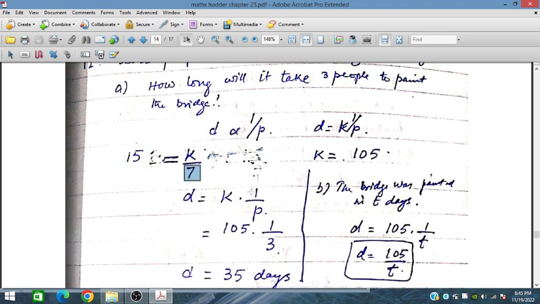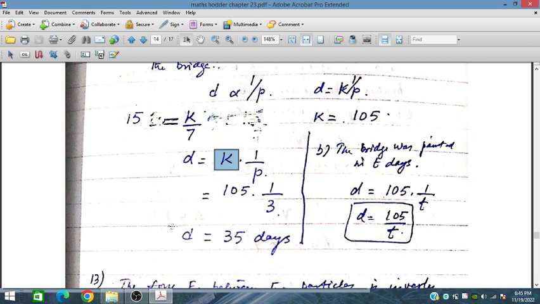Now D is equal to k 1 over p, so for this k value we write down 105 here, and D is equal to 1 over p. So 105 and 1 over 3. So this will require 35 days.